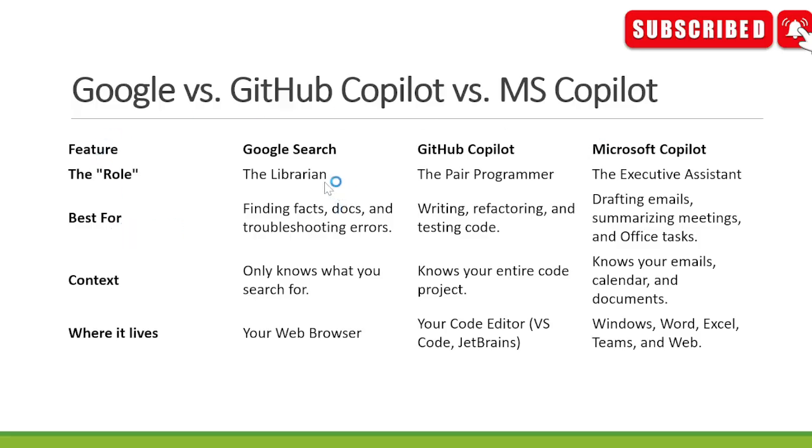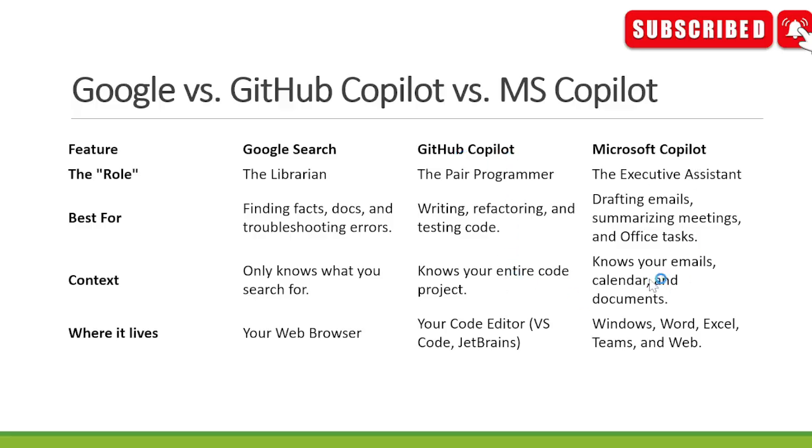So best for, what is Google best for? Finding facts, docs, troubleshooting errors. GitHub Copilot: writing, refactoring and testing code. Microsoft Copilot: drafting emails, summarizing meetings and office tasks. Context: Google only knows what you search for. GitHub Copilot knows your entire code project. That is the beauty of GitHub Copilot.